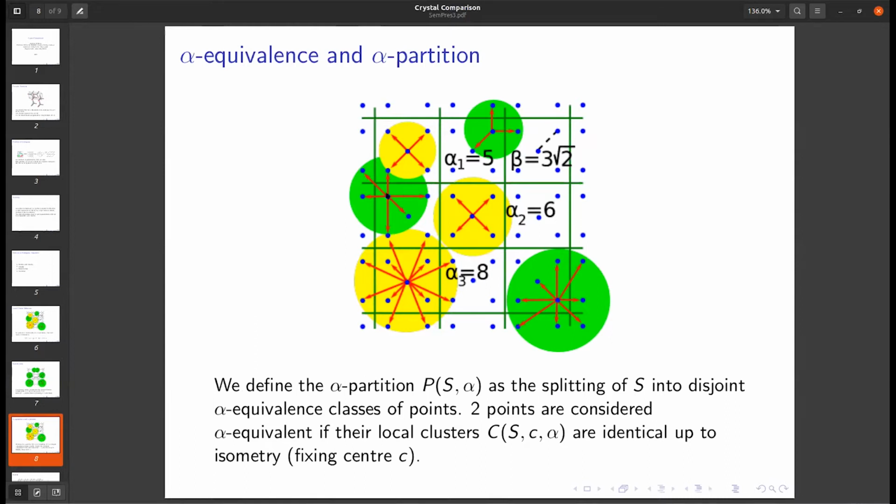So for example, if we look at the neighborhood around this point and this point, if we rotate that by 180 degrees or reflect it, we can map the local cluster onto the other local cluster. So at that radius, they are alpha equivalent. And alpha partition is very simply just splitting up the motif points into a set of alpha equivalent classes.